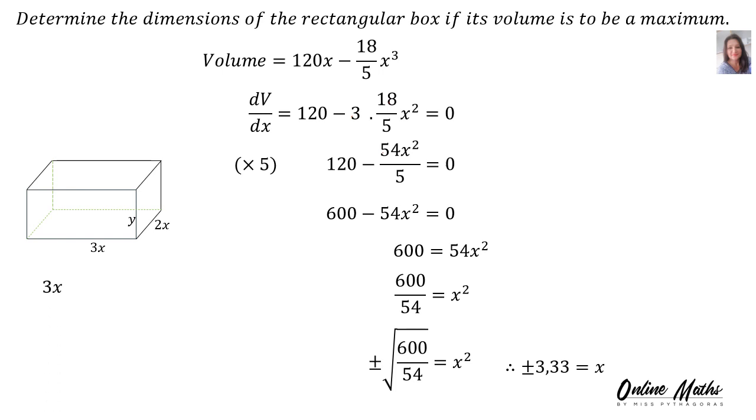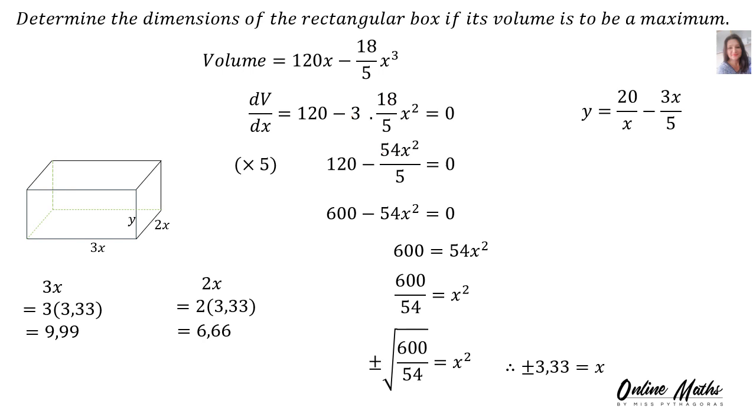And then therefore your dimensions will be, the length was 3x, therefore 3 times 3.33 is 9.99. And then your other length was 2x. 2 times 3.33 is 6.66. And then remember y was 20 over x minus 3x over 5. Substitute in x's place the 3.33, and then y's length is equal to 4.